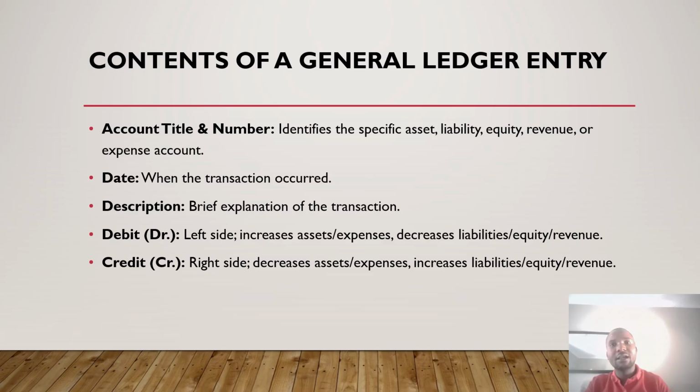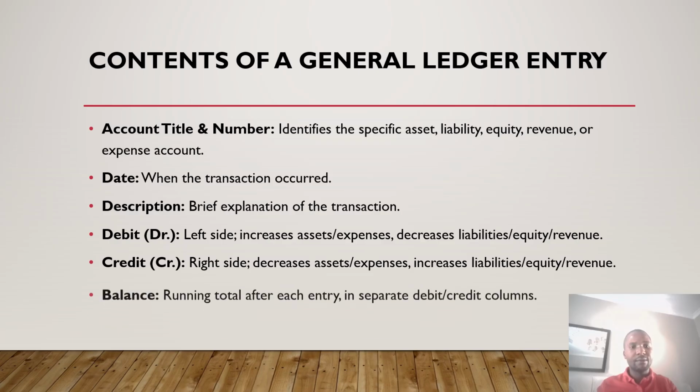We are simply revisiting the debit and credit rules that we already looked at. And then we have the credit side, which is the right side always. This increases assets or expenses, while on the other side it increases liabilities, equity, or revenue.